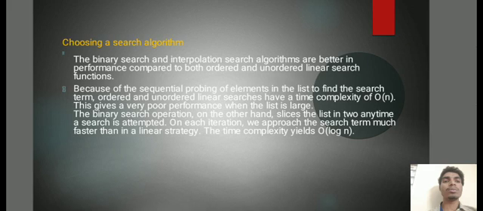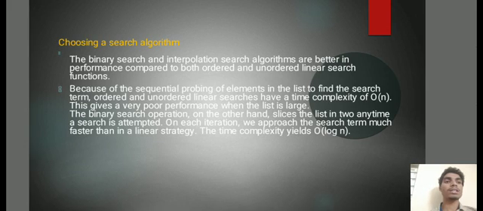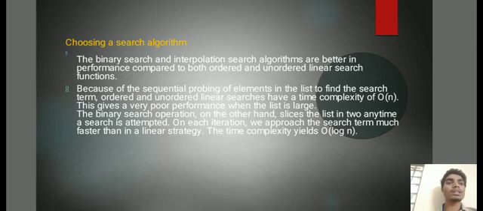This gives a very poor performance when the list is large. The binary search operation, on the other hand, slices the list in two any time a search is attempted. On each iteration, we approach the search term much faster than a linear strategy. The time complexity is big O(log n).